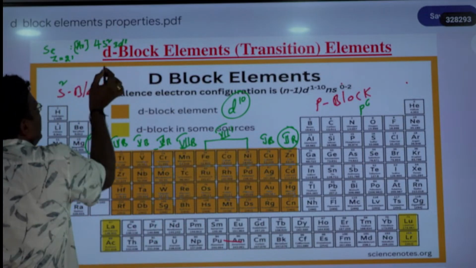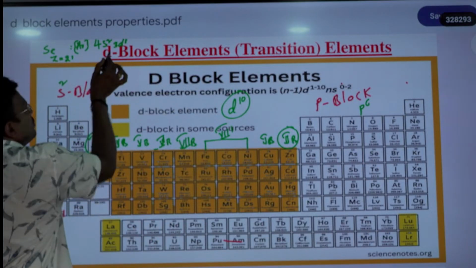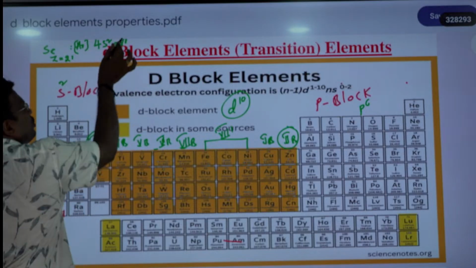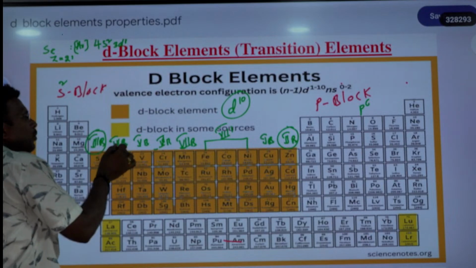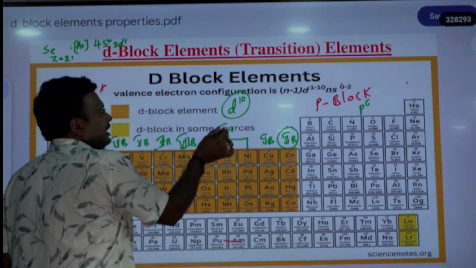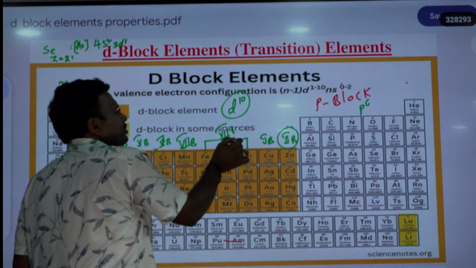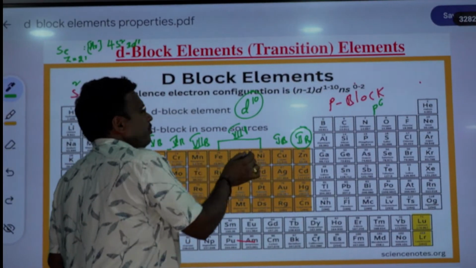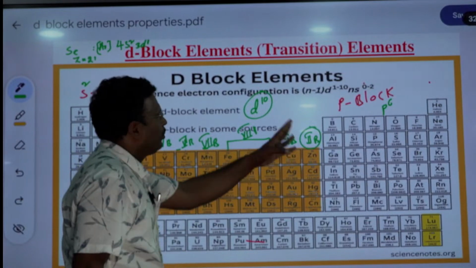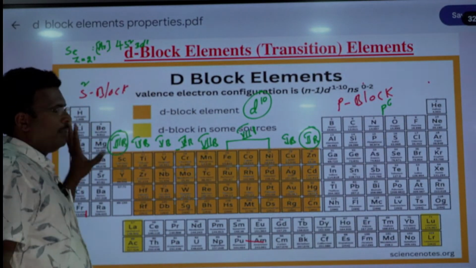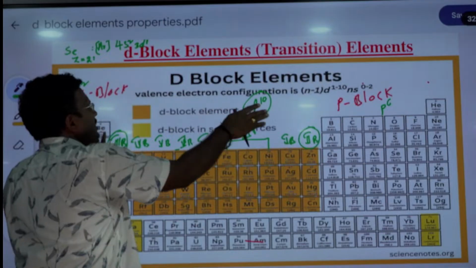How many outermost electrons are there? 4s2 3d1 means 3 electrons. That's why it is in group 3. Means the third B, fourth B, fifth B, sixth B, seventh B, then the eighth group, which has 3 groups classified here: iron, cobalt, nickel. Then first B and second B. So the end of the group is second B, and the starting group is third B.